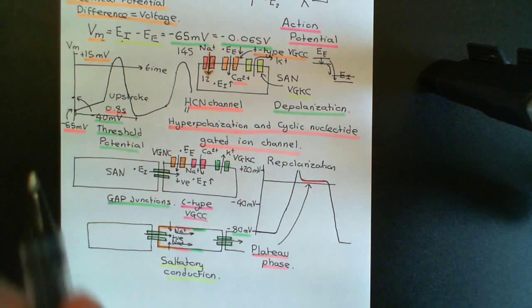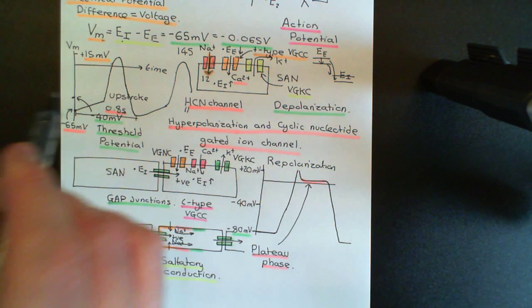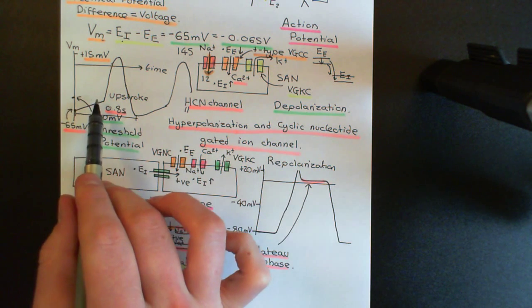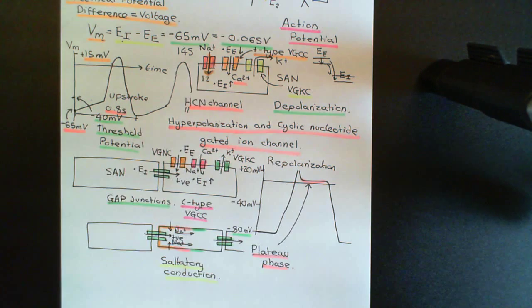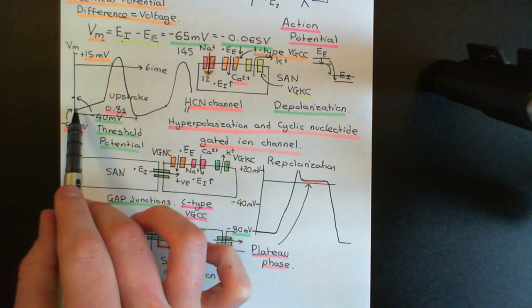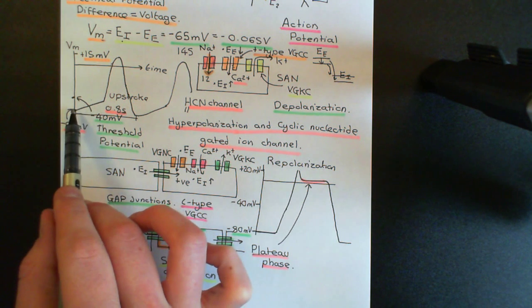Okay, however, in the heart, that's not what actually happens. The sinoatrial node cell is generating electrical signals at a much higher rate than the atrioventricular node cells would. So rather than the atrioventricular node cells being allowed to generate their own depolarization up to threshold potential with HCN channels, instead it occurs because other cardiomyocytes are giving them positive charge through gap junctions.